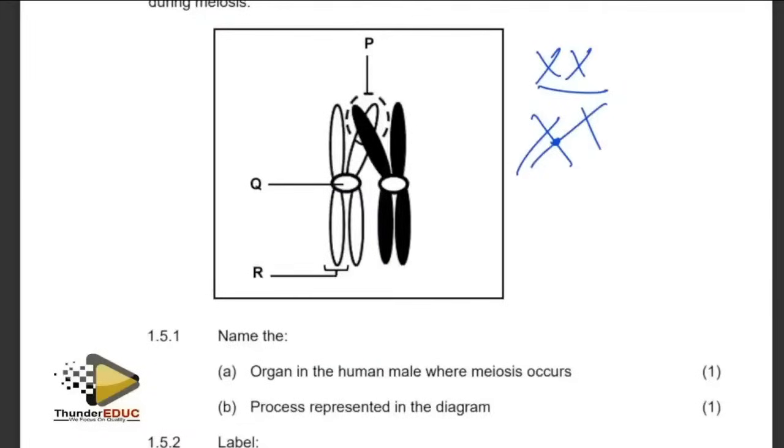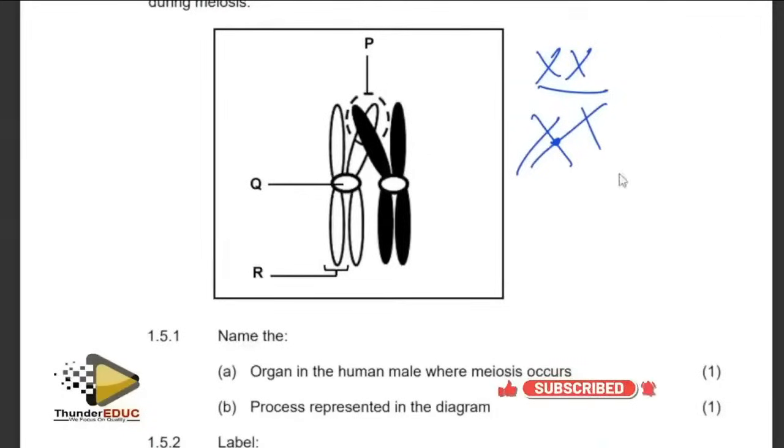All right. Now, what is this P? Some people call this a centromere. That is not a centromere.